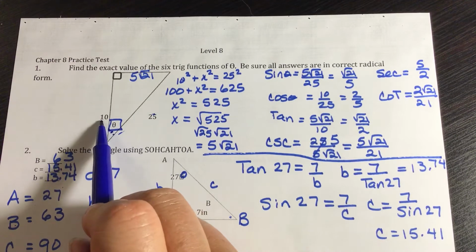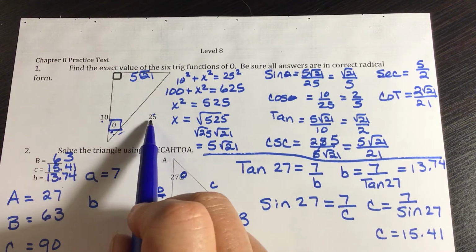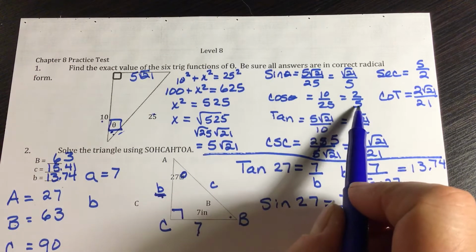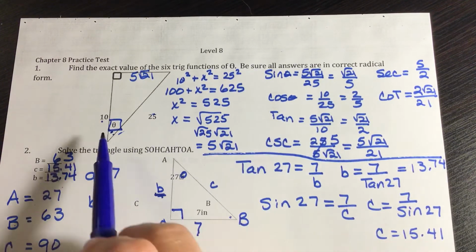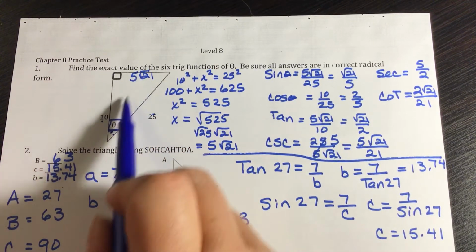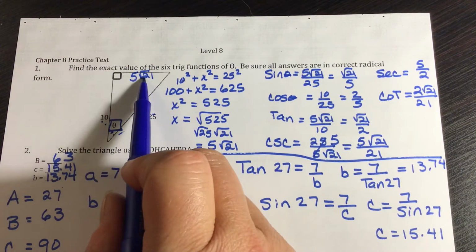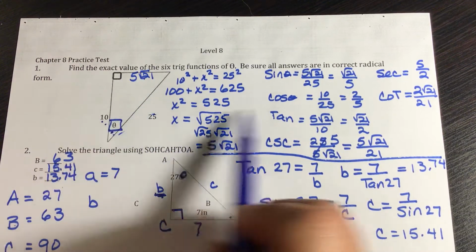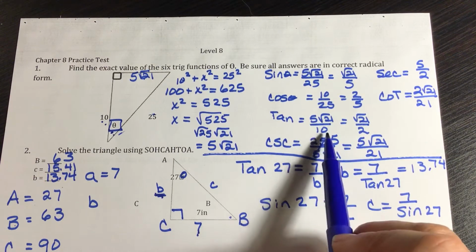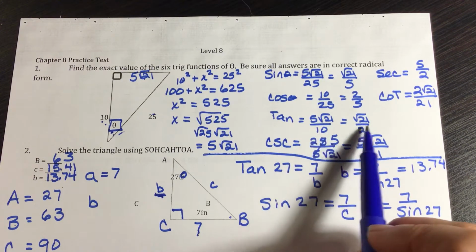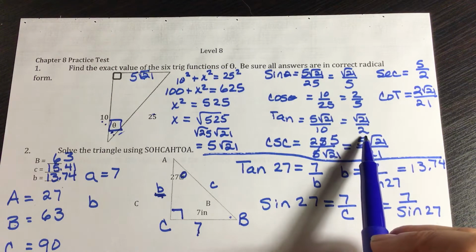Cosine would be the side adjacent, which is 10, over hypotenuse, which is 25, and that reduces to 2/5. Tangent is side opposite over side adjacent, so 5 square root of 21 over 10, and I can divide both top and bottom by 5, and I get square root of 21 over 2.